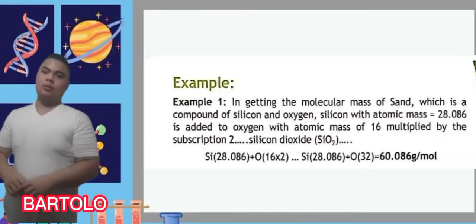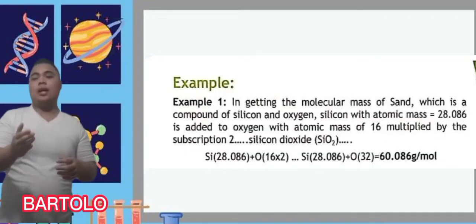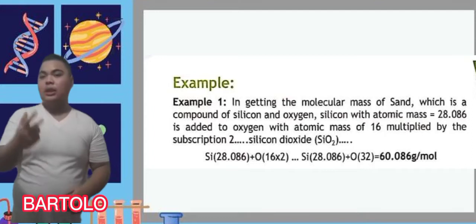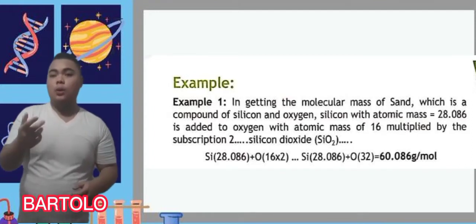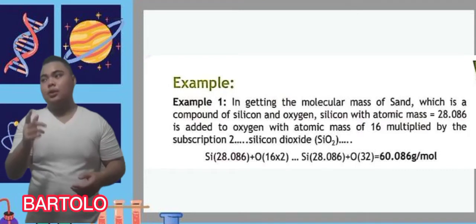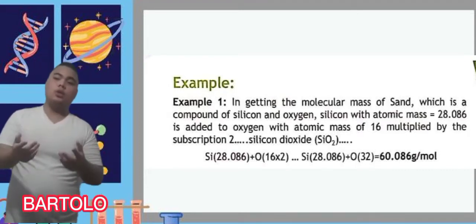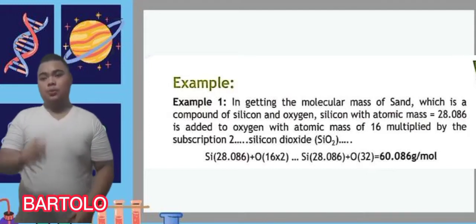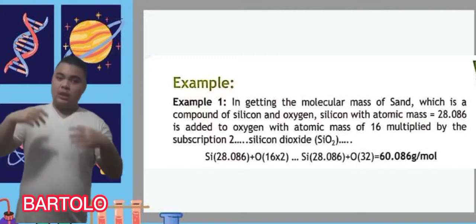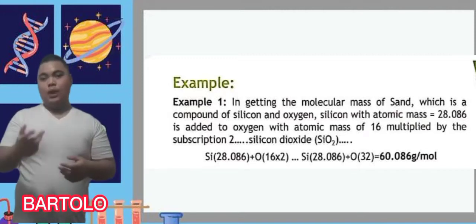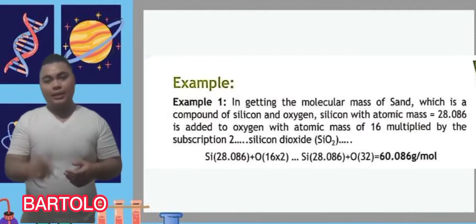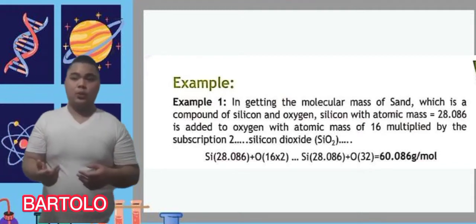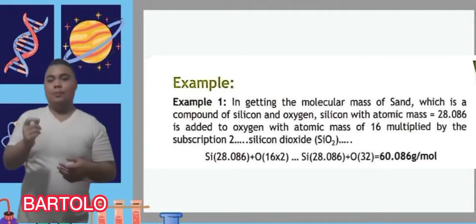For example, in getting the molecular mass of sand, which is a compound of silicon and oxygen, silicon with an atomic mass of 28.086 is added to oxygen with an atomic mass of 16, multiplied by the subscript 2. So, silicon has 28.086 plus oxygen has 16 times 2, which equals 28.086 plus 32.